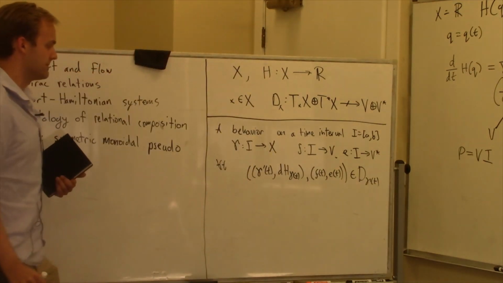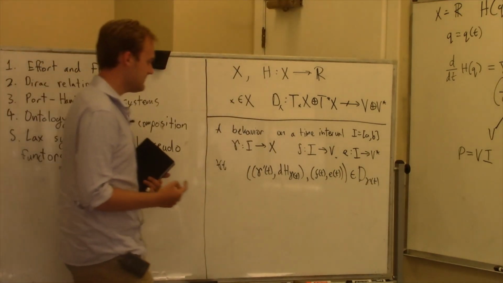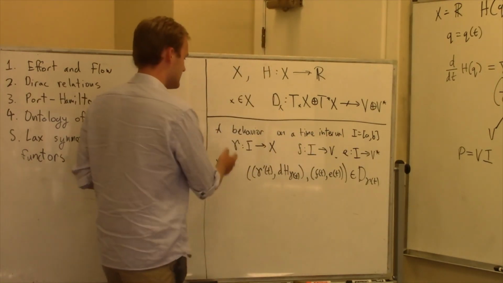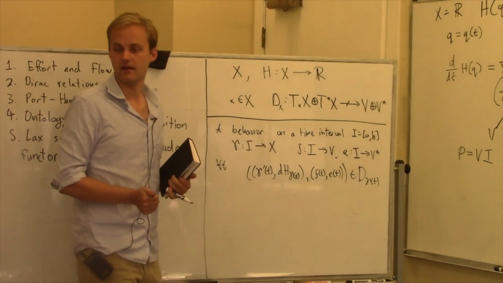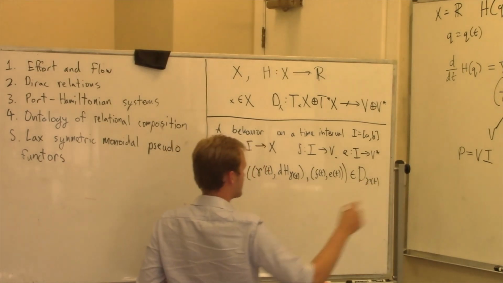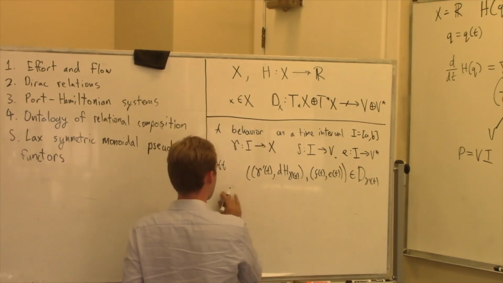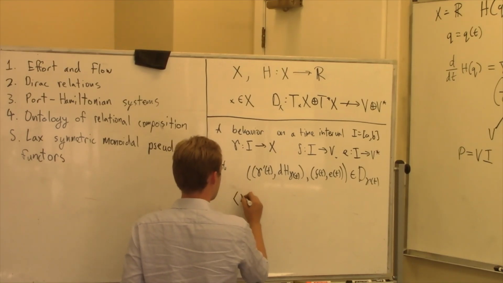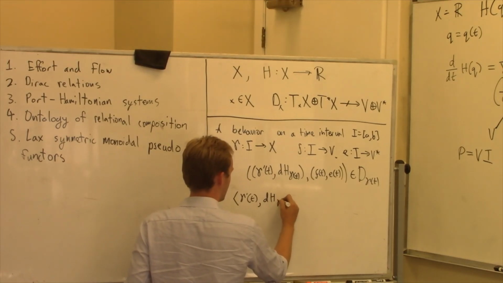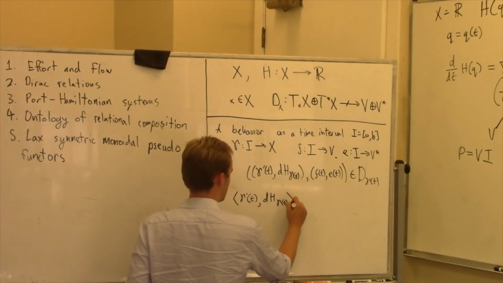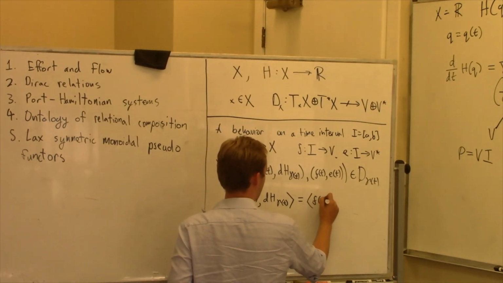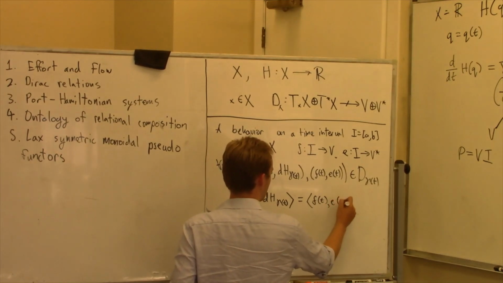So what does this mean? Well, it means that the flows through the interface are related to the flows in X. And what we can derive from this property of Dirac relations is that gamma prime of t dH gamma of t is equal to f of t e of t.